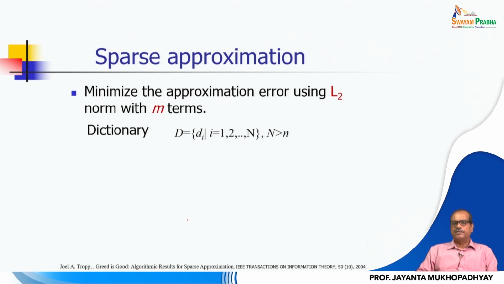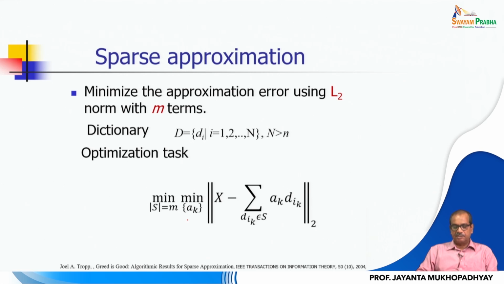That means maximum you can have m coefficients in this case. So this is one of the variations of sparse approximation. This is the optimization statement, where we are minimizing the error. This is the least square error part.